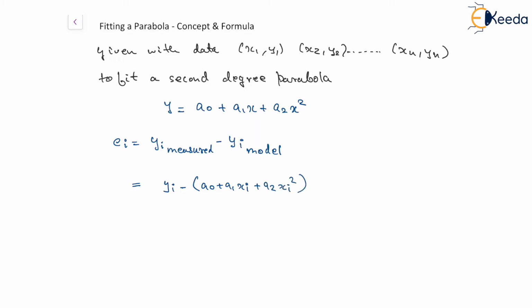So the first one is the actual value measured, whereas the second one is coming from the model which we have considered as the second degree parabola equation for the point x equal to xi.